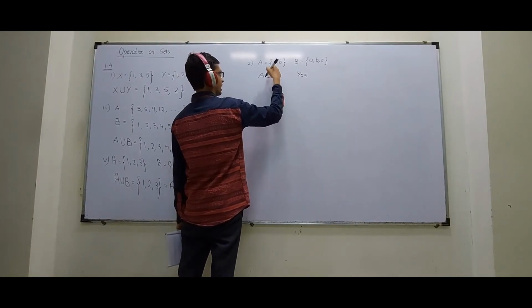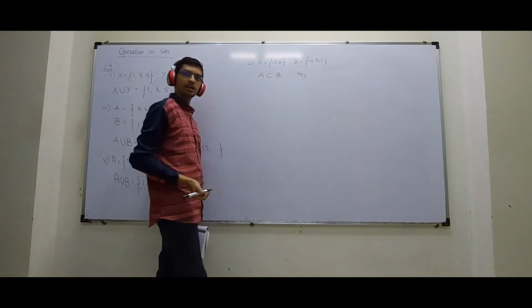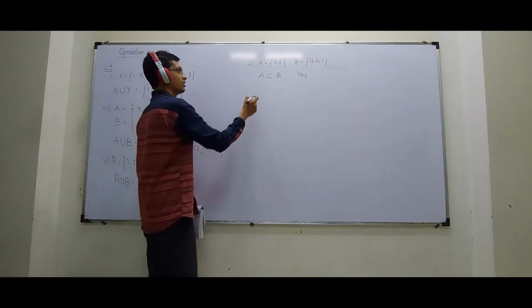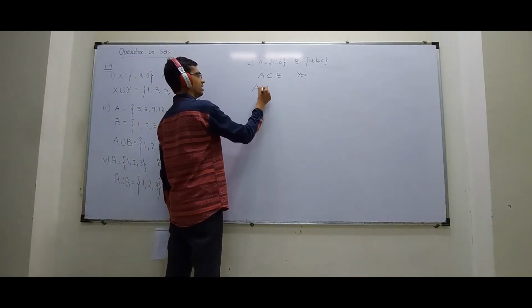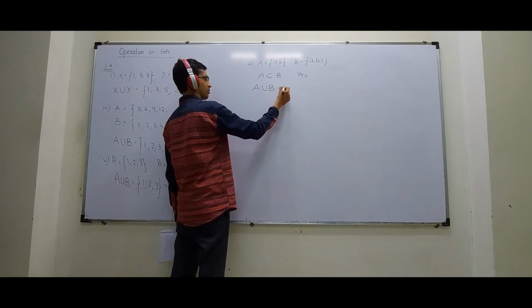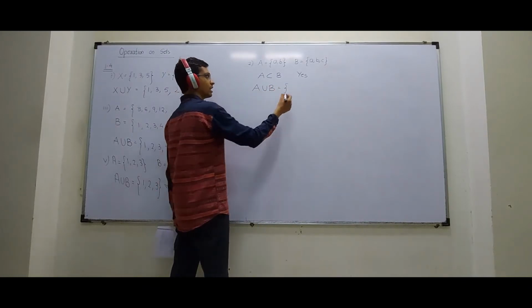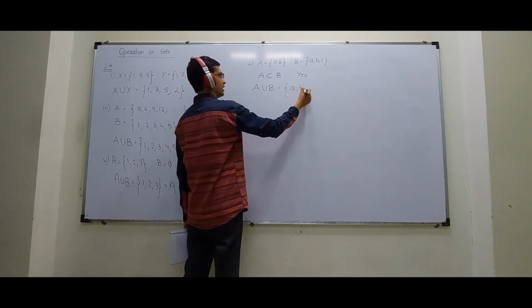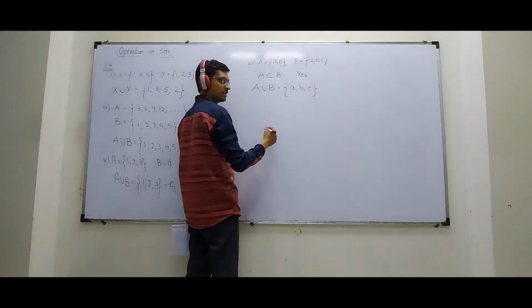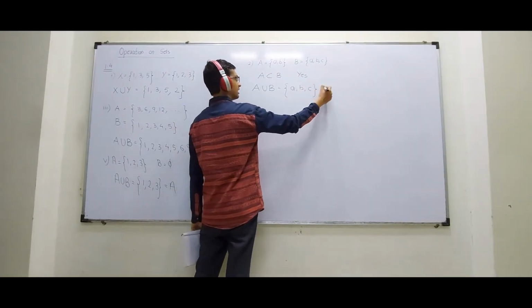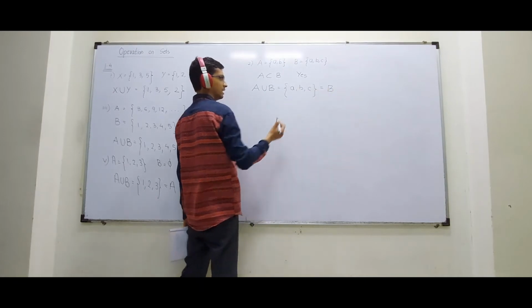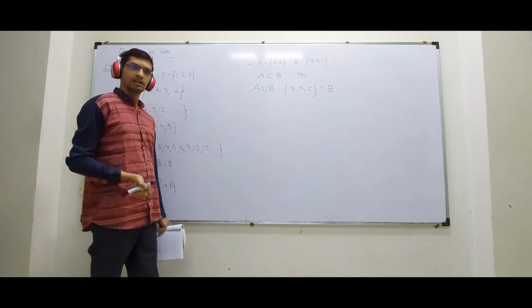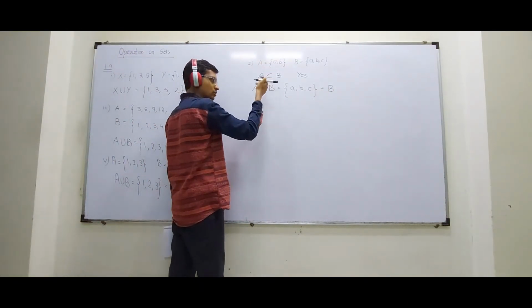All elements of A are present in B. Then you have to find A union B. So what is A union B over here? I'll get {a, b, c}. Right? {a, b, c} is which set? Set B. What am I getting? Set B. So why have they asked this question?